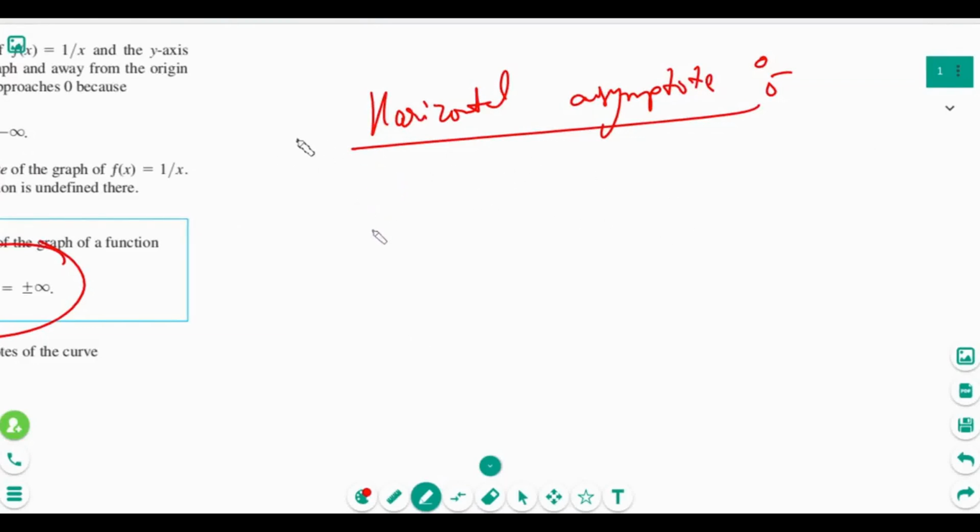You have to write here the limit for the horizontal asymptote. That was vertical. The horizontal one was f(x) equal to b.